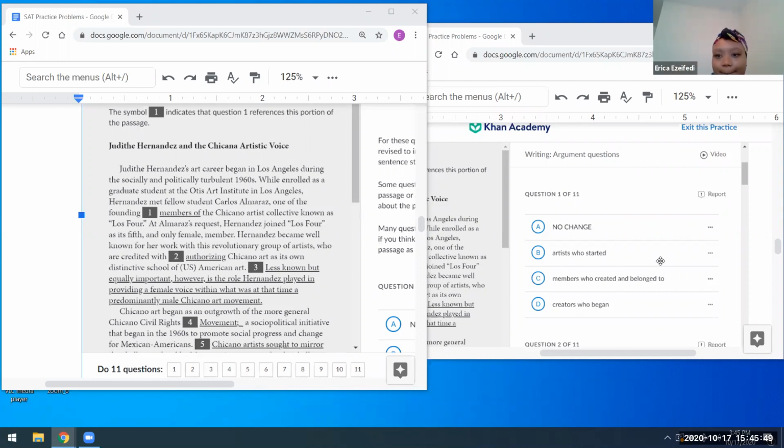All right, so let's go over it. The correct answer here is actually A. But let's try to read it as Divya suggested, with replacing members of with C. While enrolled as a graduate student at the Otis Art Institute in Los Angeles, Hernandez met fellow student Carlos Alvarez, one of the founding members who created and belonged to the Chicano artist collective known as Los Four.